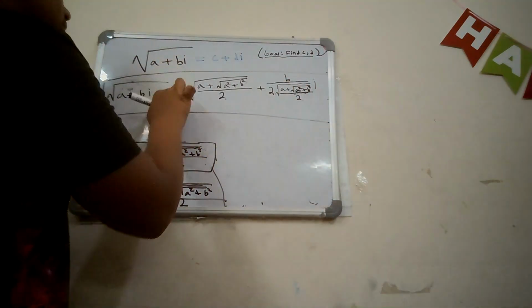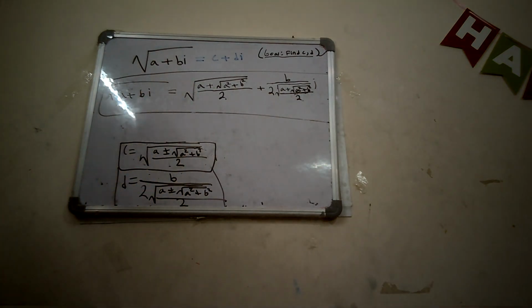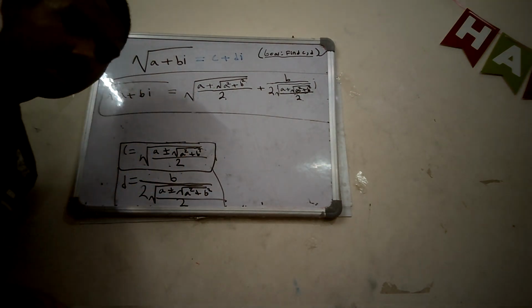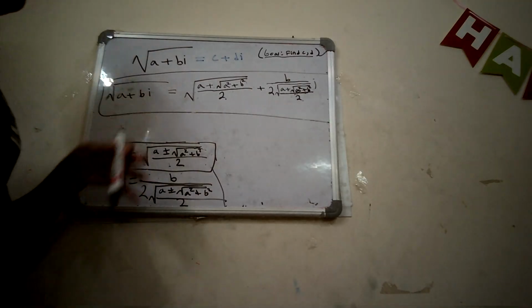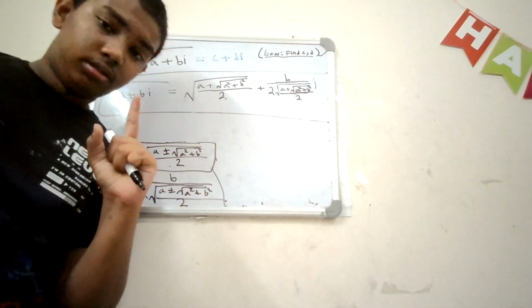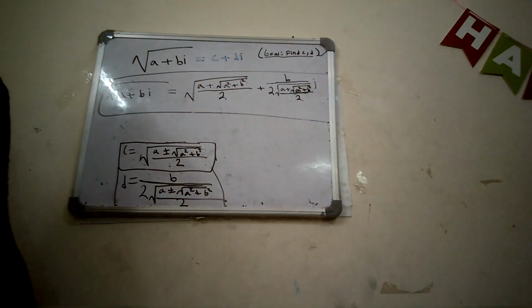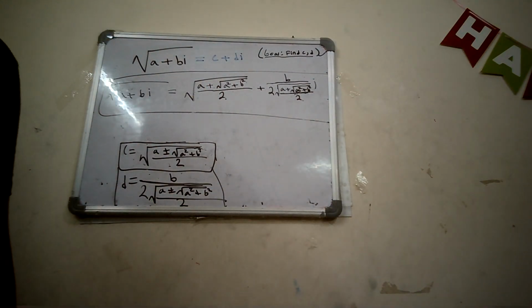Okay, then this is the principal square root. This is the principal square root. Acha. Now, why am I doing this? See, in the principal square root, we have one solution. Make sense? That's why we're doing this. That's why we're doing that.